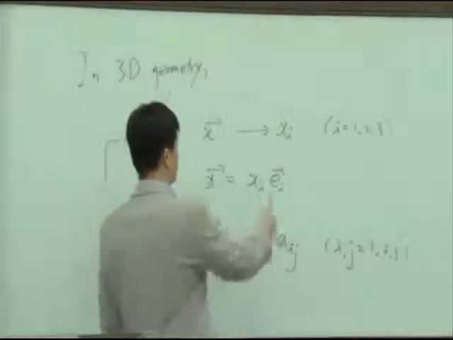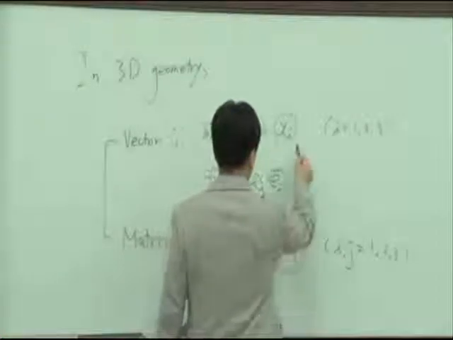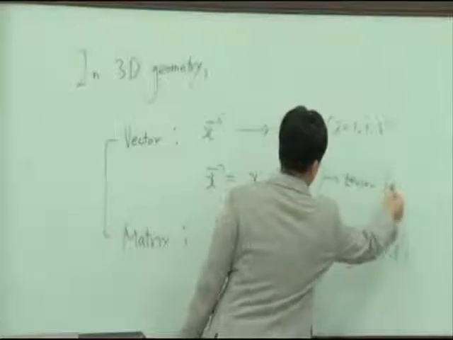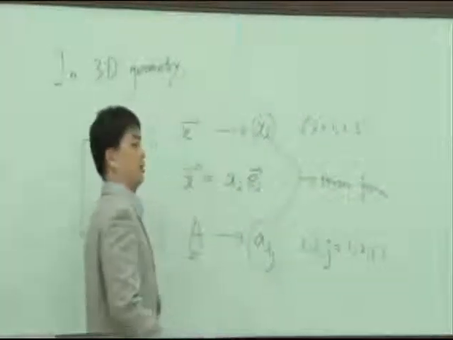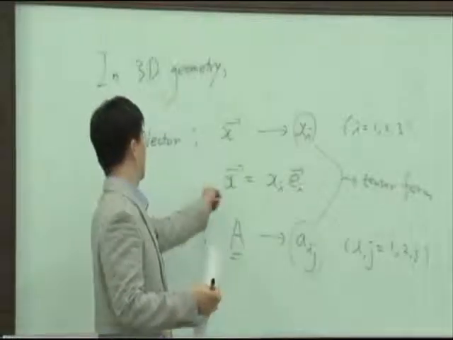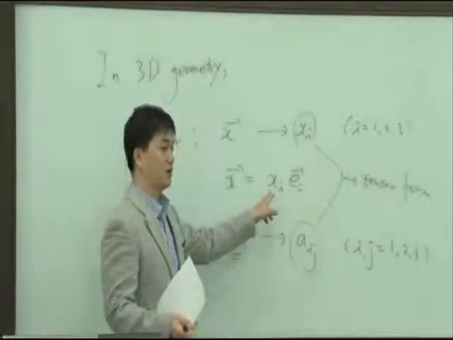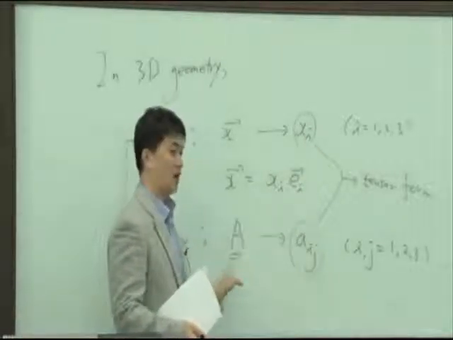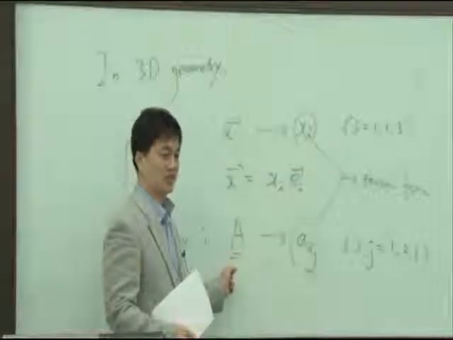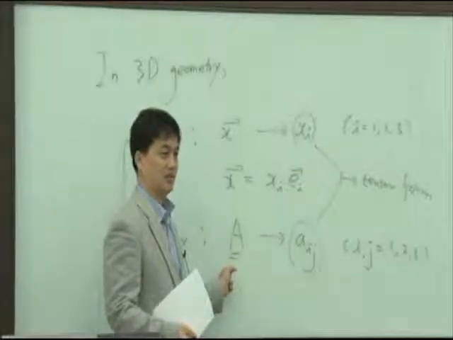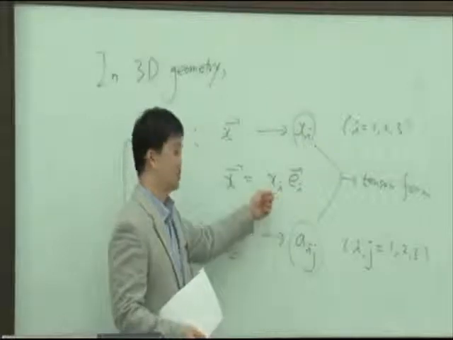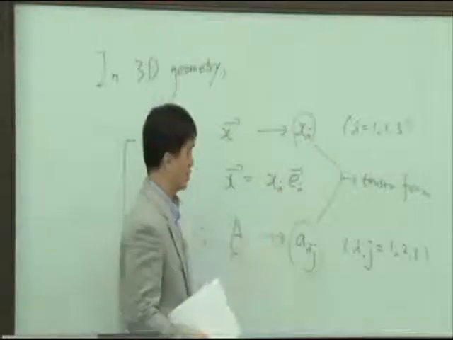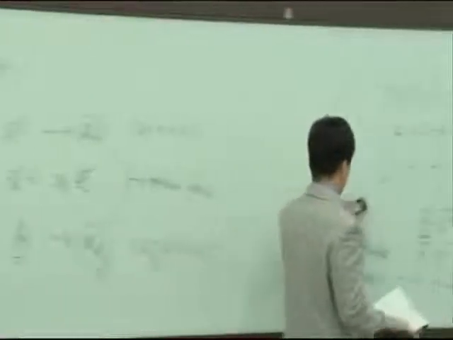So both are tensor forms. So one question is that in a vector, we have a component and a base. This is a base vector. But how about the base of a matrix? So we need to generalize this concept of component and base. Okay, we can do that. Let's see how to do that.